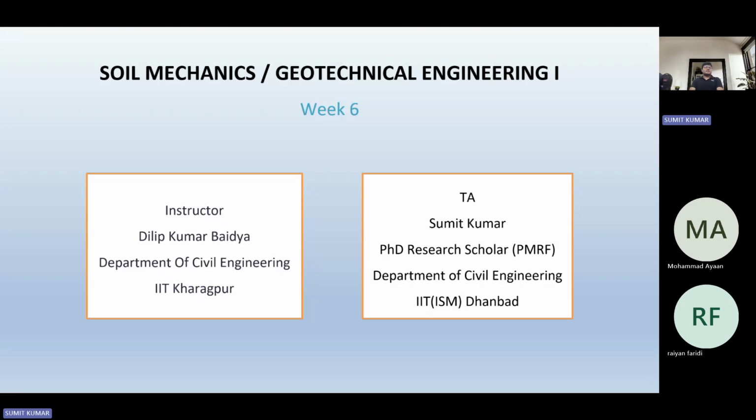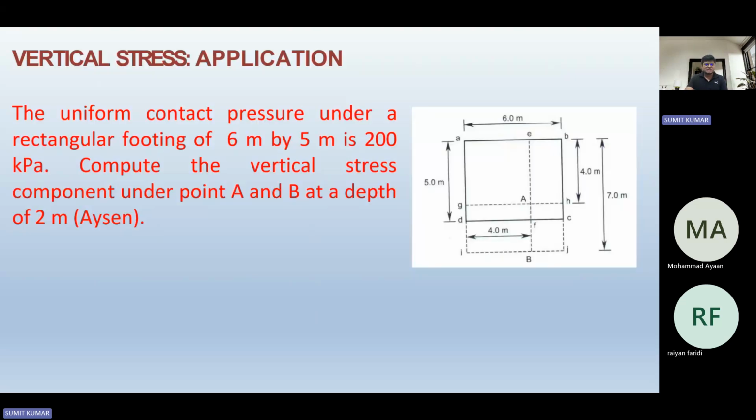Okay, so let's start. In soil mechanics today, as I said, we are going to study the shear strength of soil. First of all, starting with the previous class, the vertical stress application problems we were dealing with. One problem is mentioned here, and this question says that the uniform contact pressure under a rectangular footing of 6 meter by 5 meter is 200 kPa.